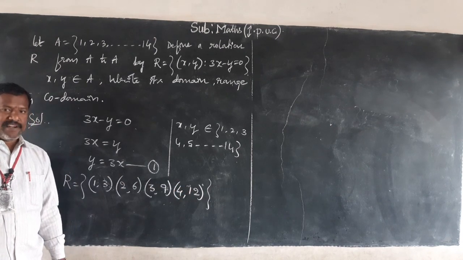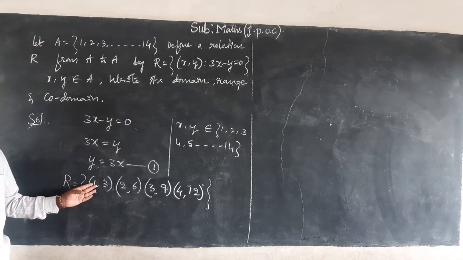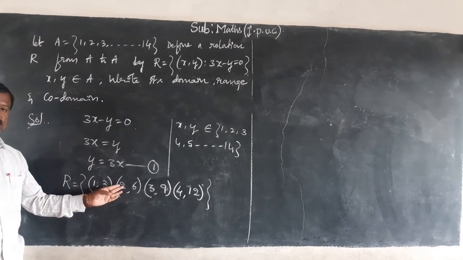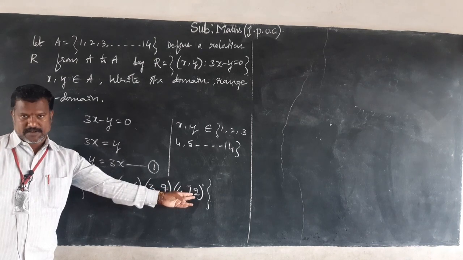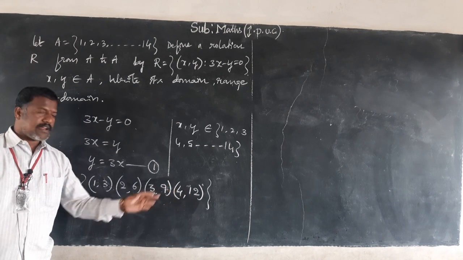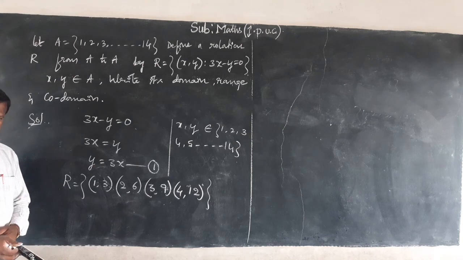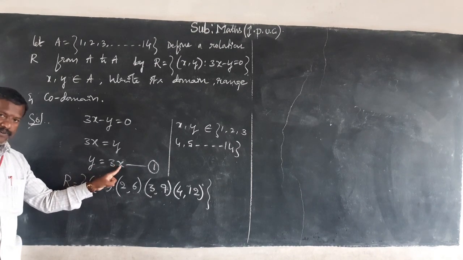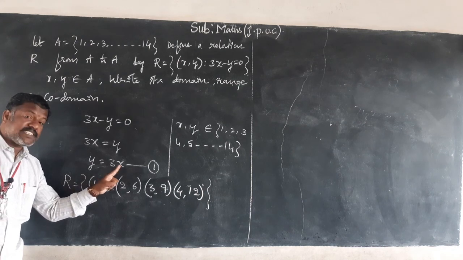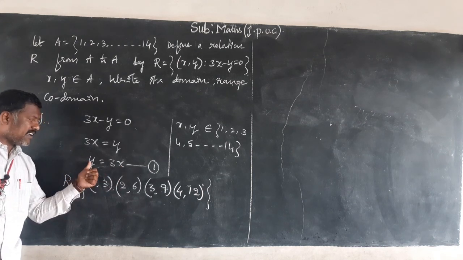Almost all are multiples of 3. 1 three is 3, 2 threes are 6, 3 threes are 9, 4 threes are 12. Understand, children? Here I would like to say it once again. If I take x as 1, the value of y is 3.